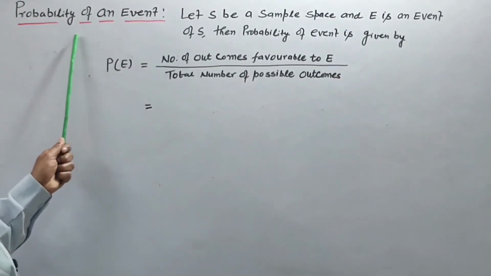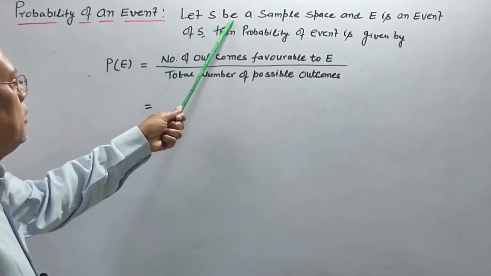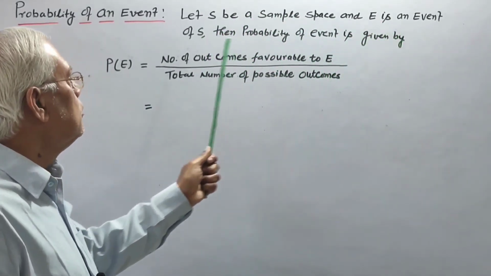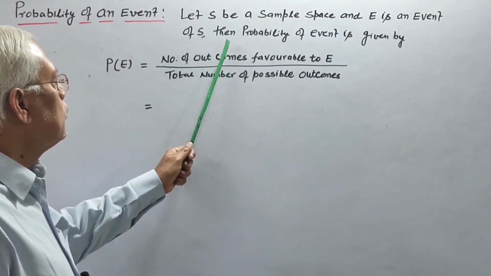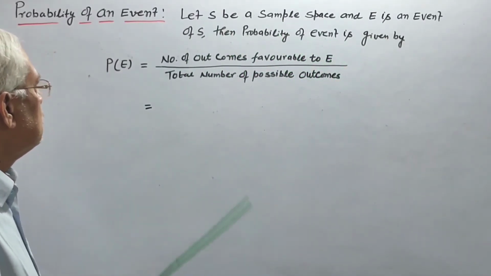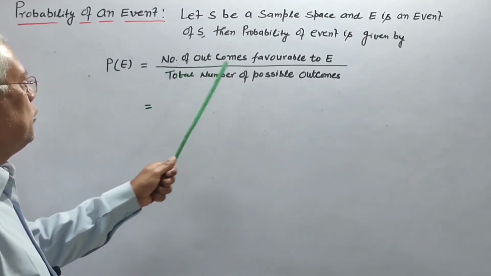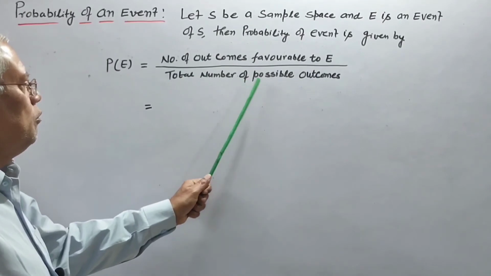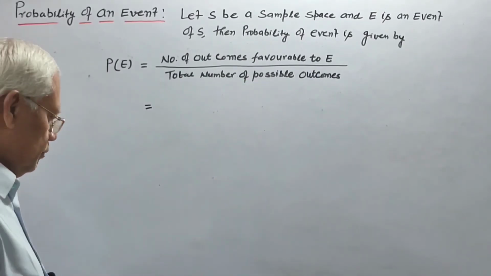Next is probability of an event. Let S be a sample space and E is an event of S, then probability of event is given by P(E) is equal to number of outcomes favorable to E divided by total number of possible outcomes.